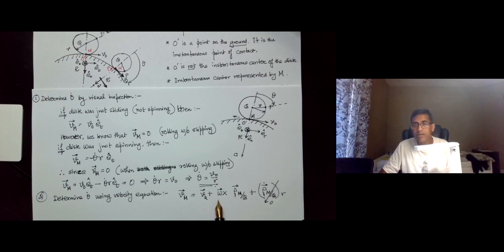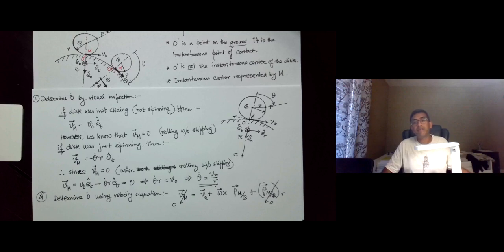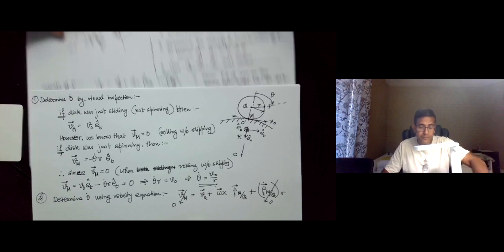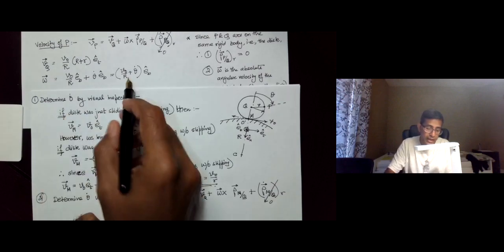So the angular velocity is the absolute angular velocity of the disk. Okay, and in this case Vm is also equal to 0 because Vm is the velocity of the instantaneous center. Now we have the expression for Vq from the previous part, and we also have an expression for the angular velocity.